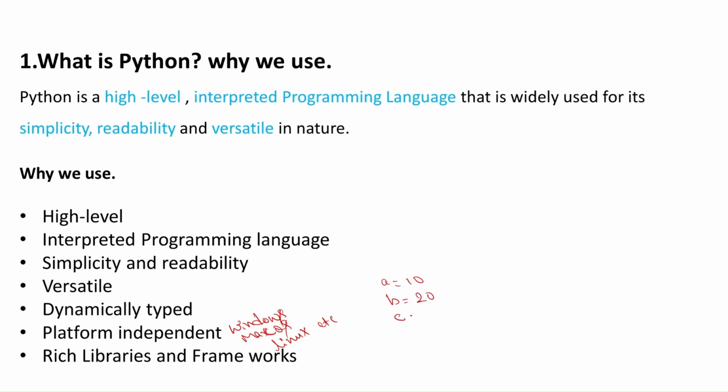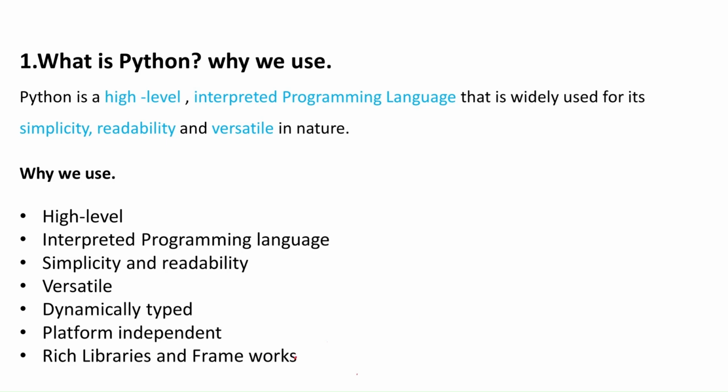I am just taking one example. C equals A plus B. Print C. We can reduce this program to 2 lines by using a format string, but I'm just taking this as an example. This entire program can run on Windows as well as Mac OS and also Linux. We can copy paste this entire program. It will execute as it is on different platforms. That's why it is called platform independent.